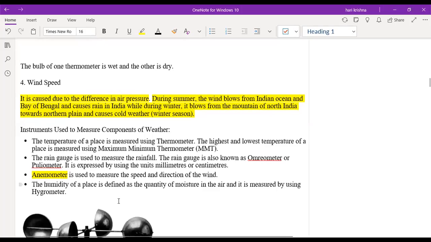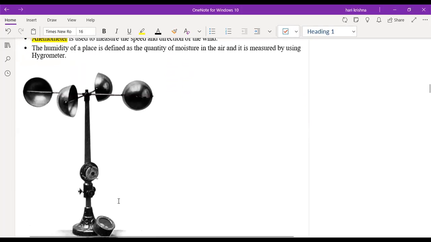Have you seen this type of image anywhere? Yes, sir. Those are like cups over there. Sir, windcock. And there will be a calibrated dial. This is the old technology. Right now we have newer ones. Yes, sir. It has 4 cups with a calibrated dial.